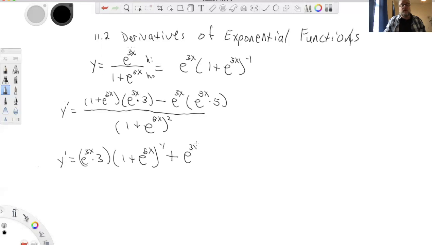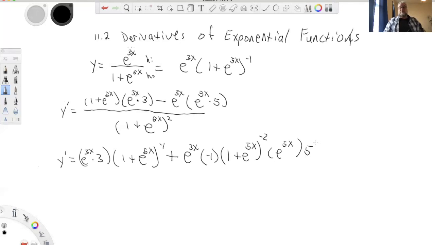So e to the 3x times the derivative of the second. Now we got to use the power rule because we have a function raised to a power. Minus 1 times the function to n minus 1 times the derivative of the goop inside. And the derivative of the goop inside here, u prime, derivative of 1 is 0. Derivative of e to the 5x is e to the 5x times a 5.